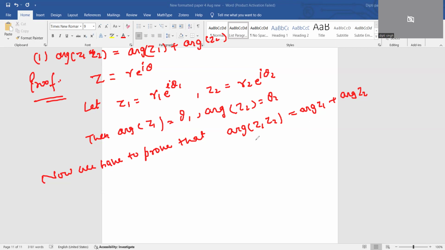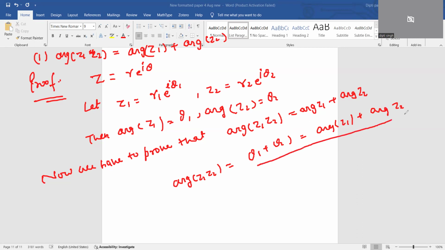It will come argument of Z1 into Z2 will be theta 1 plus theta 2, that is argument of Z1 plus argument of Z2.